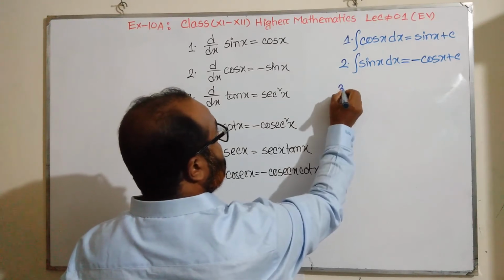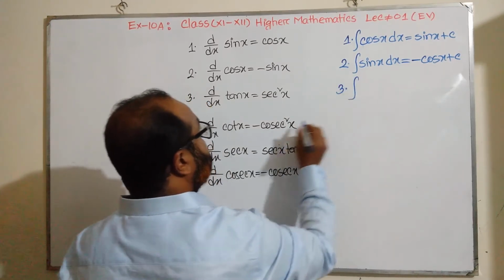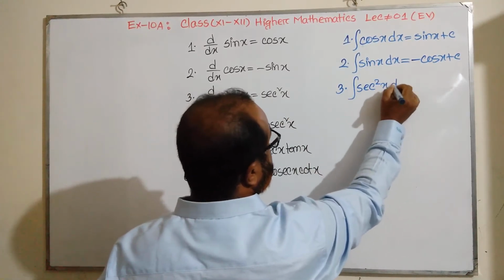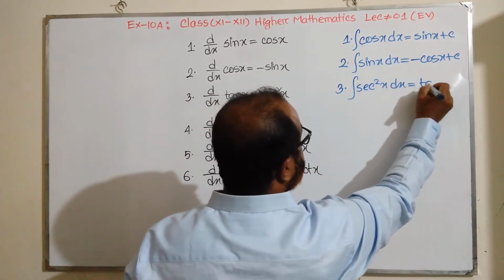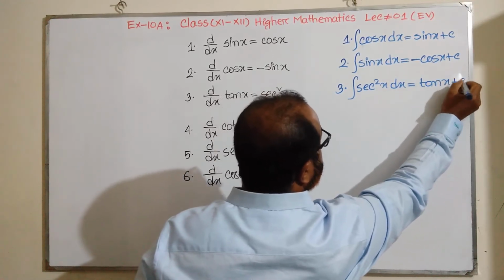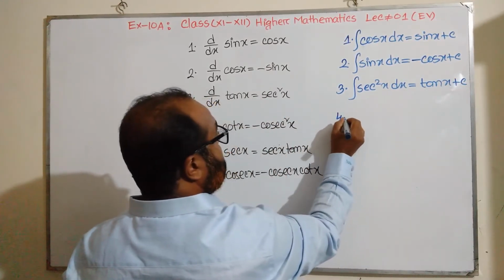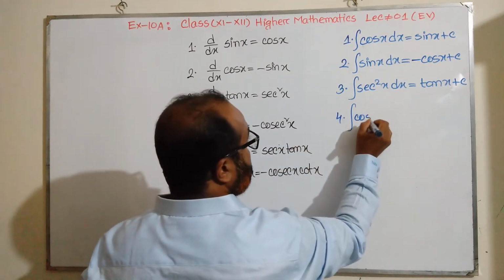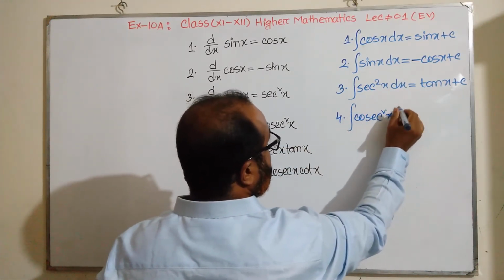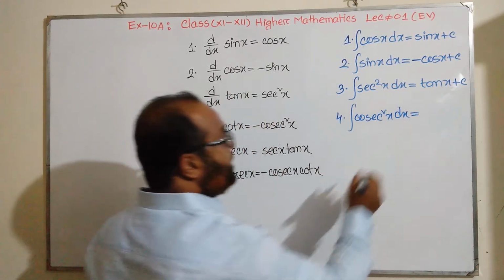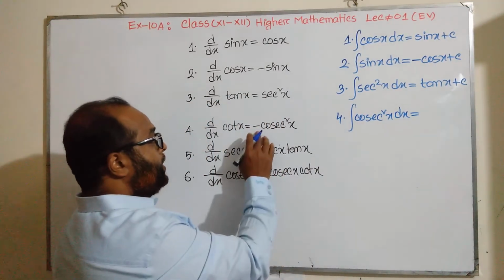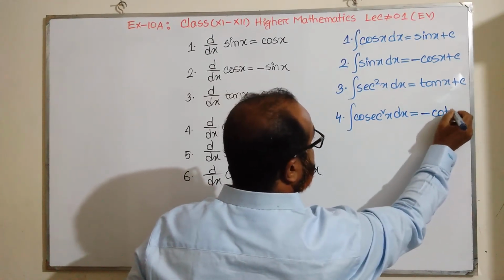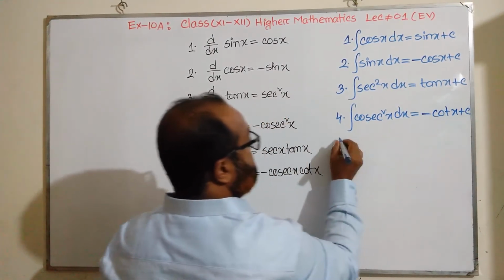Number 3, integration of sec square x dx is tan x plus c. Number 4, integration of cosec square x dx is minus cot x plus c, the minus going to the right side.